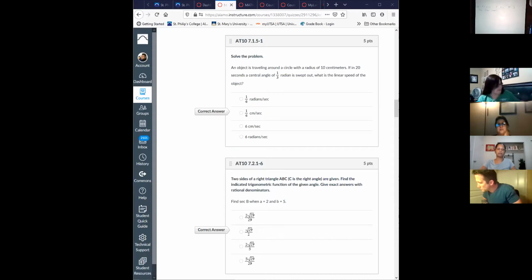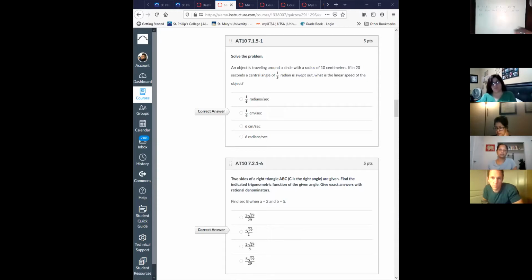I think it's V is equal to S over T. S is going to be what though? R times theta. All theta needs to be in radians, which it is. Okay, we got everything we need then.